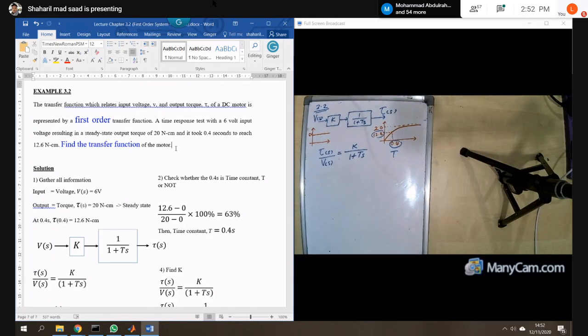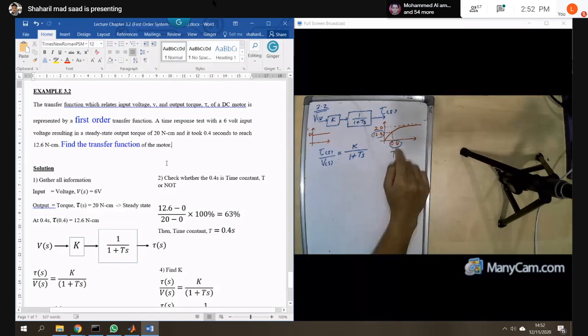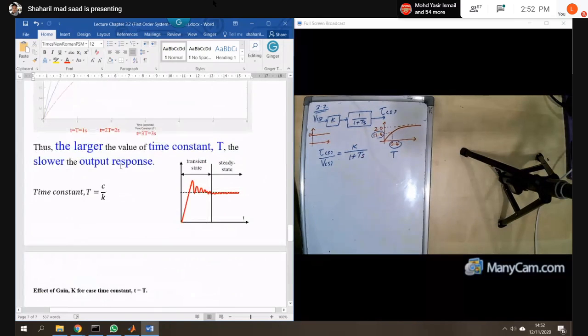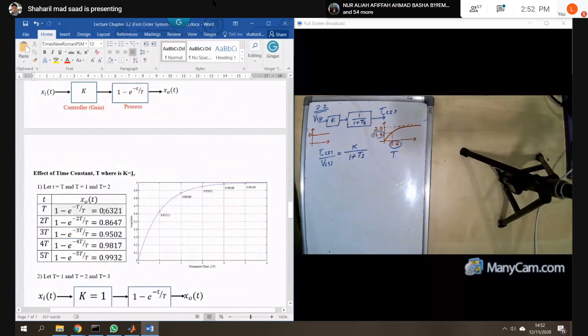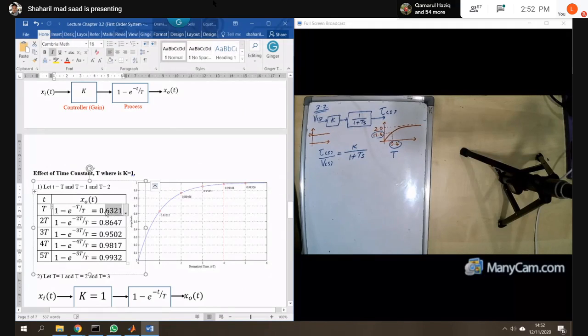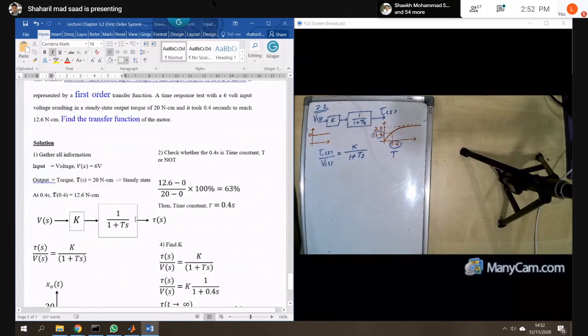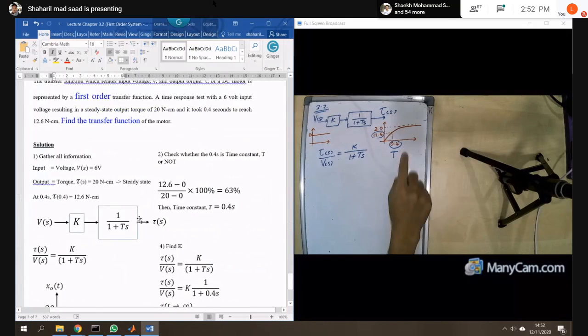Before that, the time constant means 63% of the final output, like I mentioned before. So we get 0.63 to 1, that means for a final output of 1, 63% of 1 gives this value. Let's check whether this is the time constant.